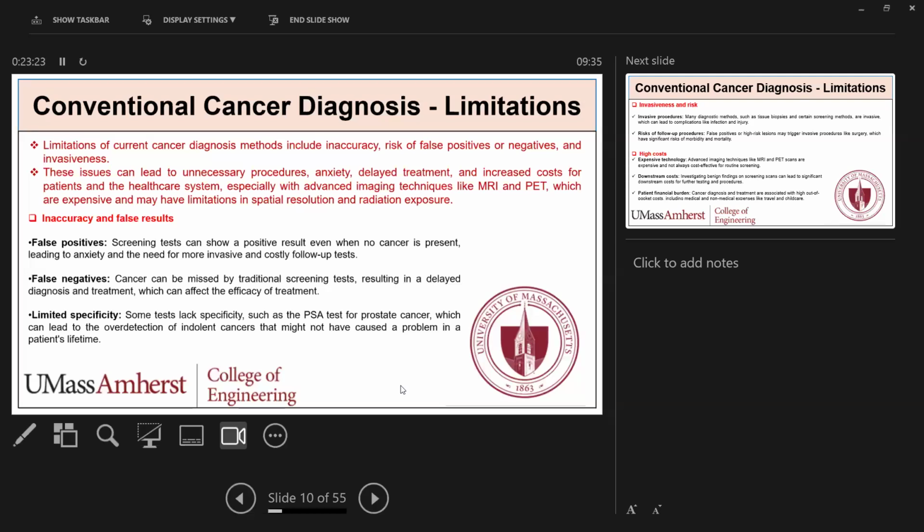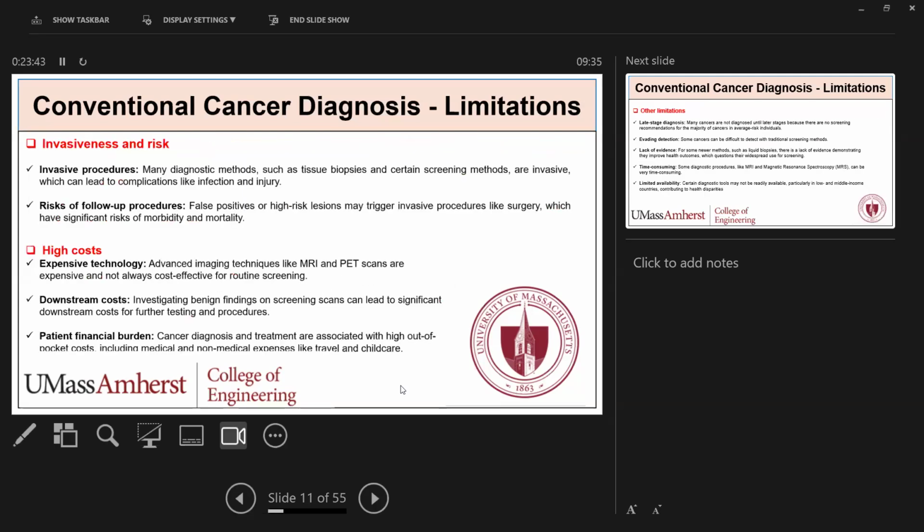What's the point, right? When I go with a stomach pain, they say no, you don't have a stomach pain, instead you have brain cancer. There is no point, right? So there are a lot of controversies around inaccuracy and false results with conventional cancer diagnosis, mainly based on its specificity.